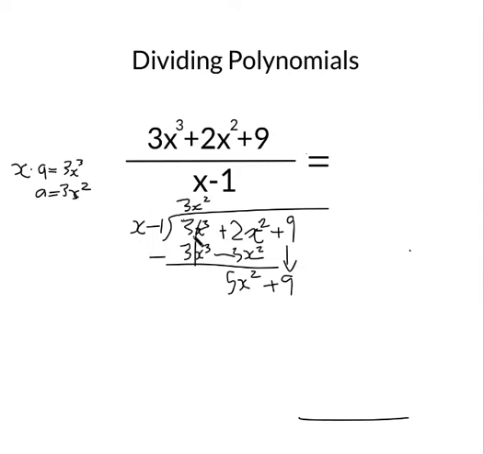Now we do exactly what we did before with this new set of terms. What number times x would give us 5x squared? Let's call this new variable b. Divide both sides by x, and we get that b equals 5x.